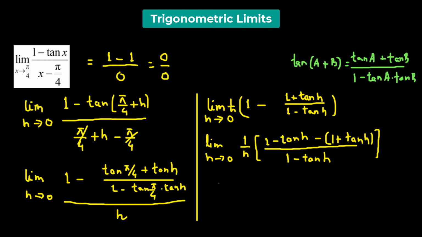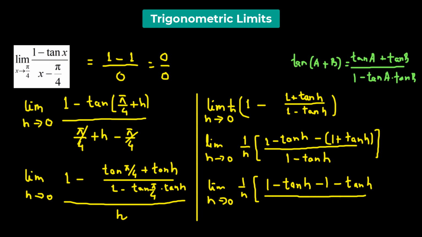So that is going to give us limit h approaching 0, 1 over h times (1 minus tan h minus 1 minus tan h) over (1 minus tan h).